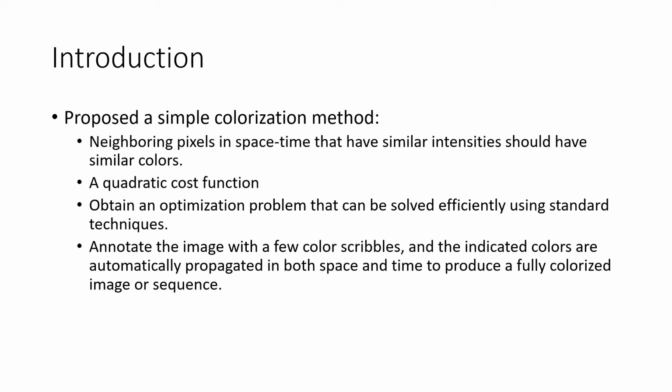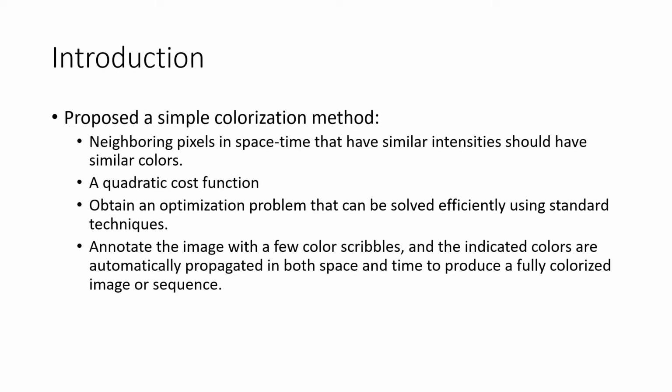That means we have one pixel and some neighboring pixels around it, and those pixels have intensity as well as our target pixel has intensity. If their intensities are similar, they should have similar colors, which means we are propagating color based on the intensity.